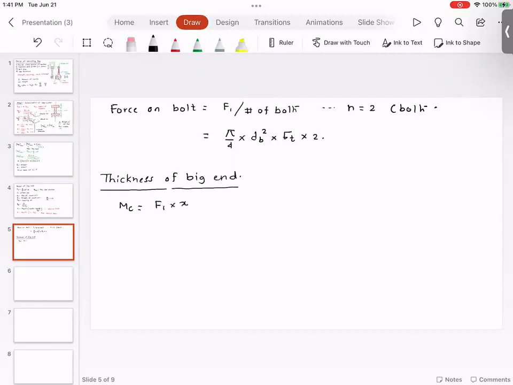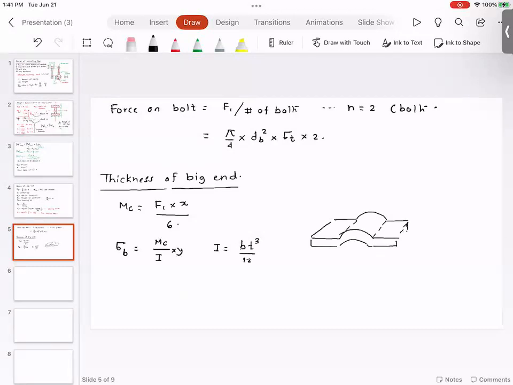The next thing is thickness of big end. For that, moment is equal to force times the distance x, sigma b is equal to Mc by I. So if you look at the big end, this is the big end.